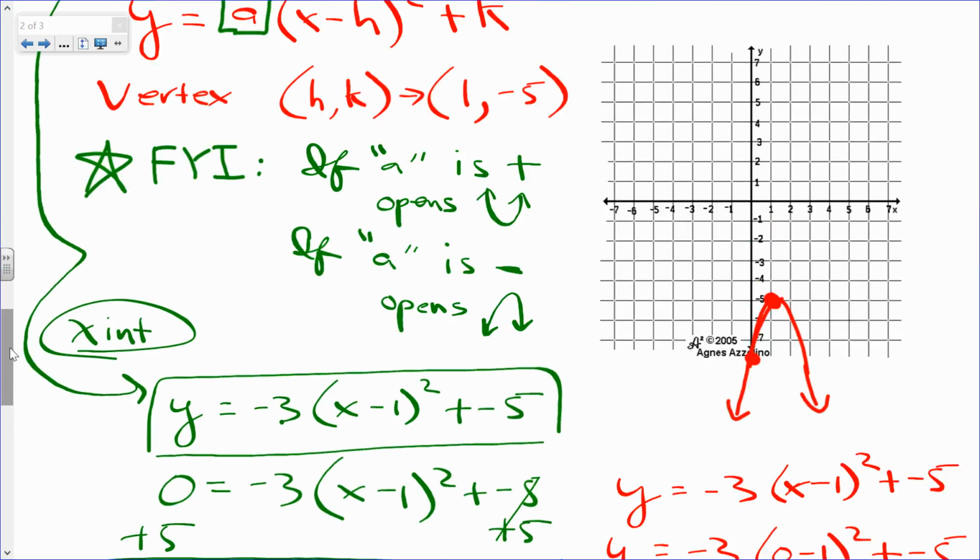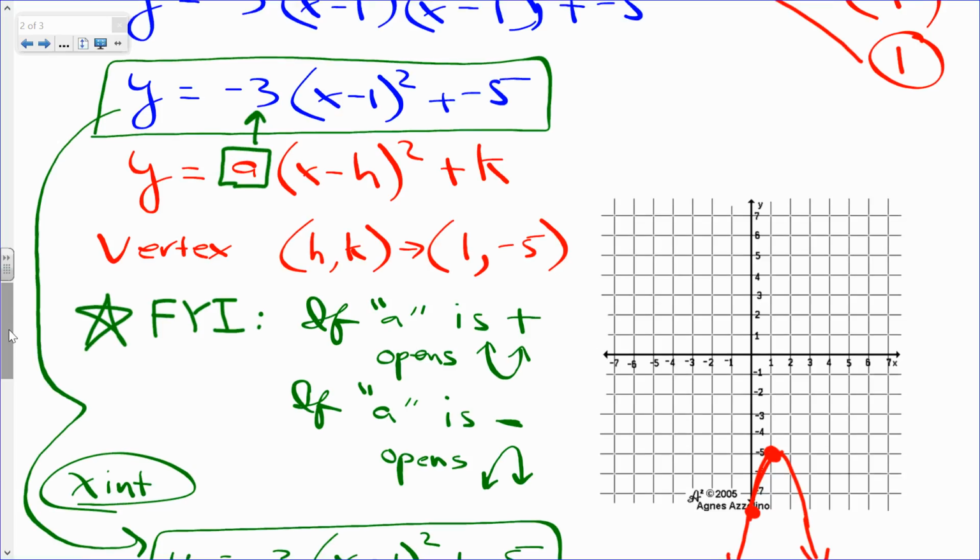A was negative, so it's opening down. So you already know if that vertex is below the x-axis and it's opening down, logically, it's not going to cross. You can skip all that part. So my answer is yeah. Save time.